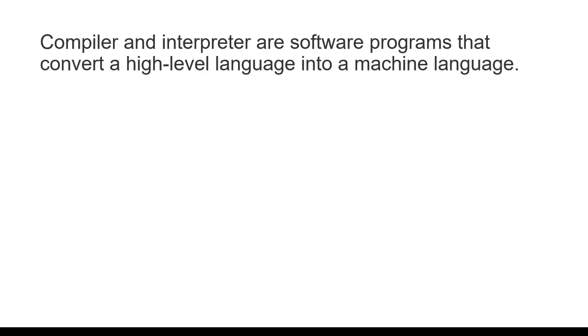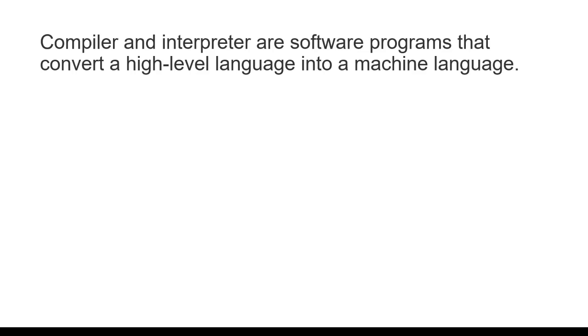Now, compiler and interpreter are software programs that convert a high level language into a machine level language. Machine level language is basically zeros and ones, binary form. Here, we are saying compiler and interpreter both convert the high level language into machine level language.